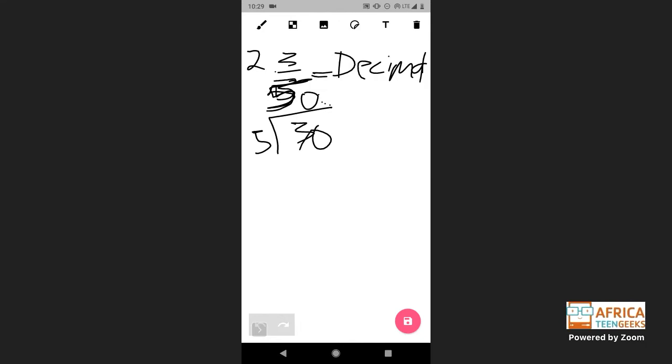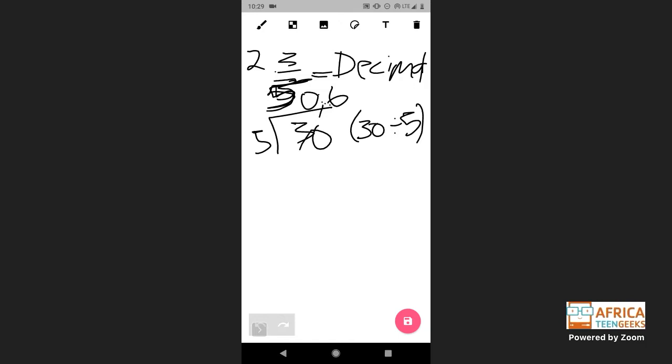So again, we are doing the same procedure until we receive our final correct answer. Since we have 30 now, we'll say 30 divided by 5. And 30 divided by 5 equals what? Equals 6. Let me just put it in brackets for you guys, just in case.